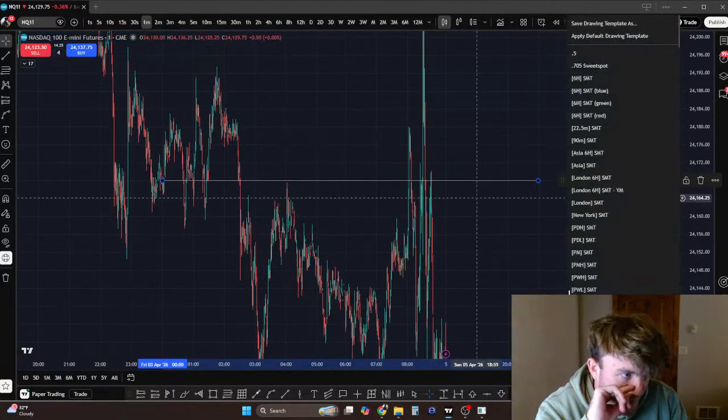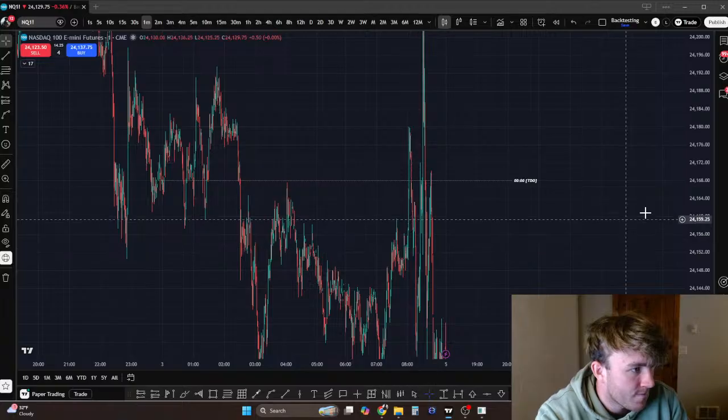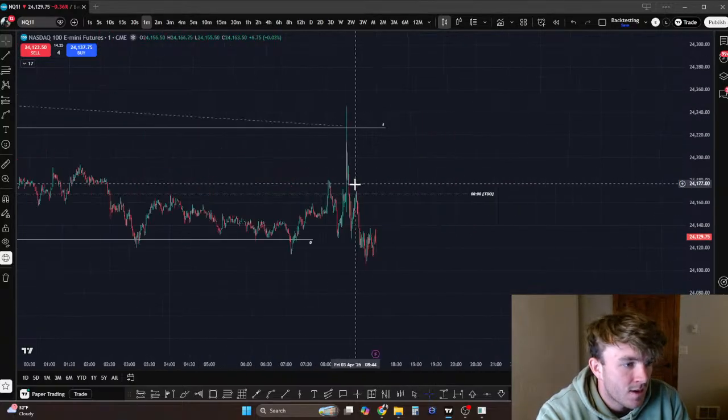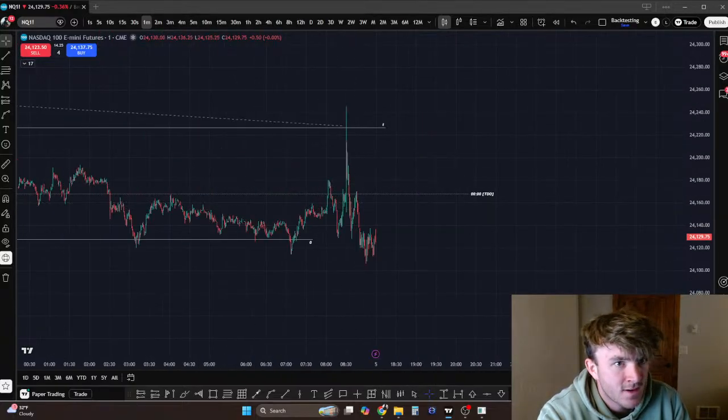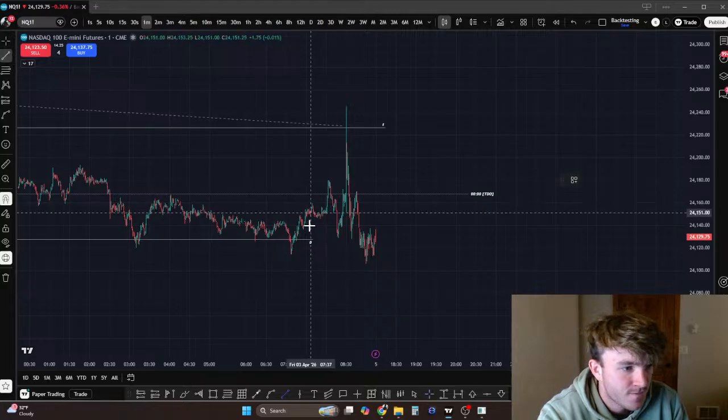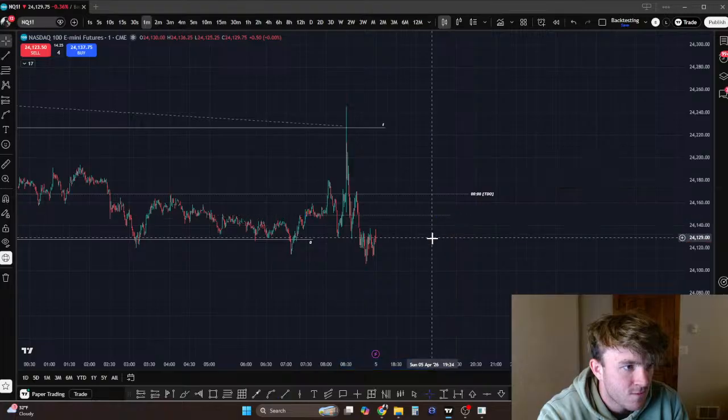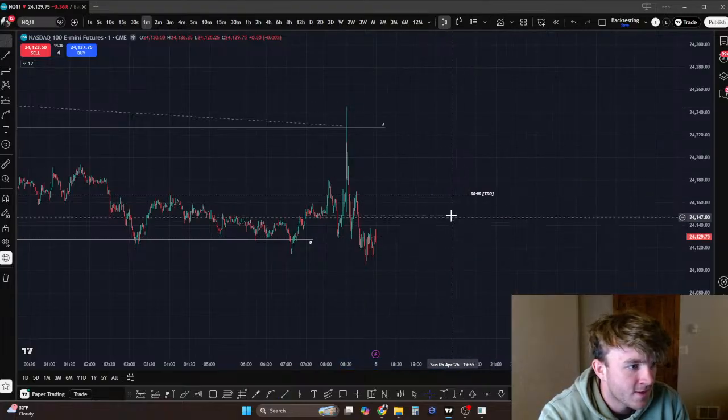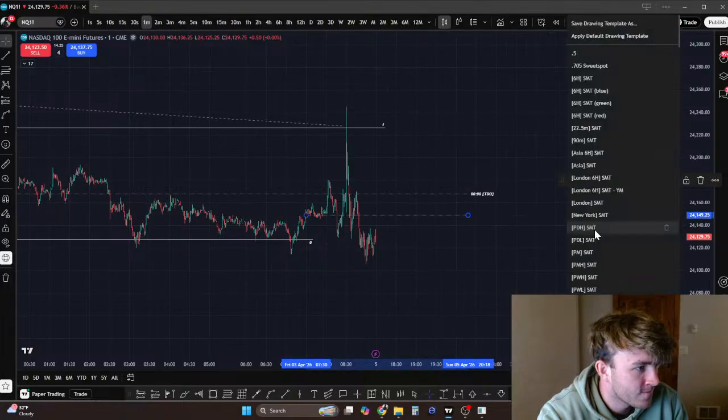Beautiful move of it on the way back down, by the way. Then we had 7:30. See how we're below everything, above everything when we get this reversal.